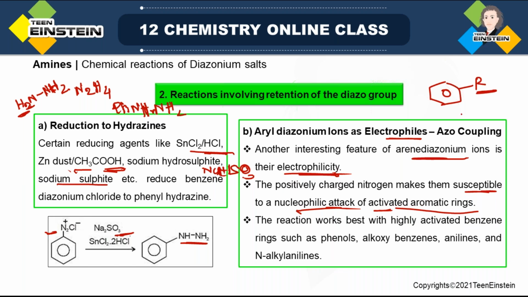This group may be OH, that is phenol. It may be an alkoxy, that is an OR group, for example OCH3 or OEt, that is O-ethyl, or it may be an N-alkyl aniline, that means any group like NEt2. So all these are strongly donating groups. So this part can be used as a nucleophile and it will attack the aryl diazonium ion.